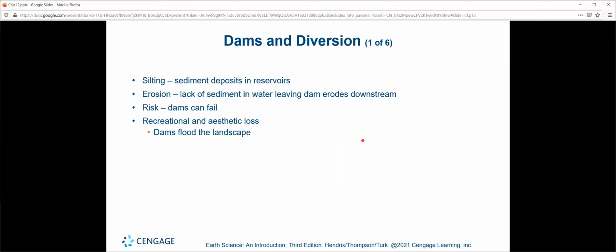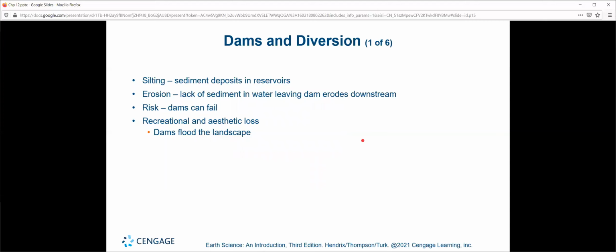Dams, of course, can fail. That's something you need to keep in mind. It's not very common, but it's also very catastrophic when it happens. And what happens when you dam up a river? Well, you're affecting the ecosystem of that river, both the natural ecosystem, the fish use, the bird use, what have you, but also the human aesthetic use of it.